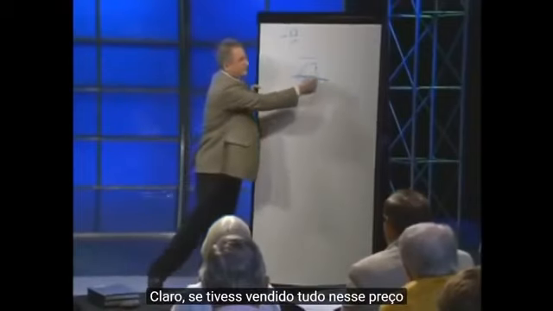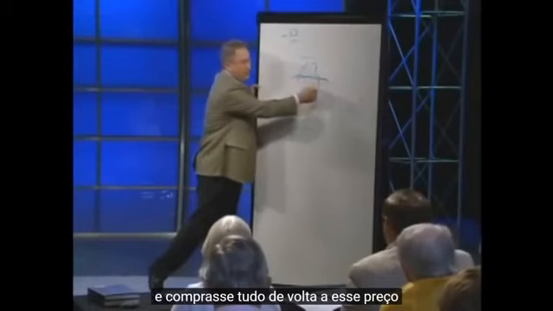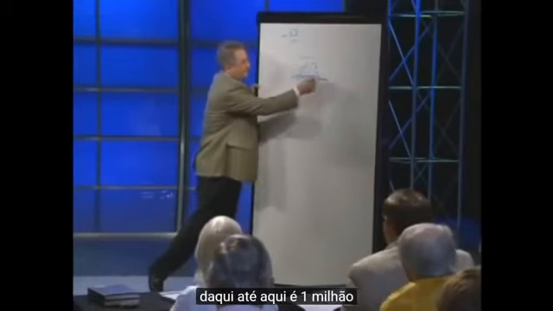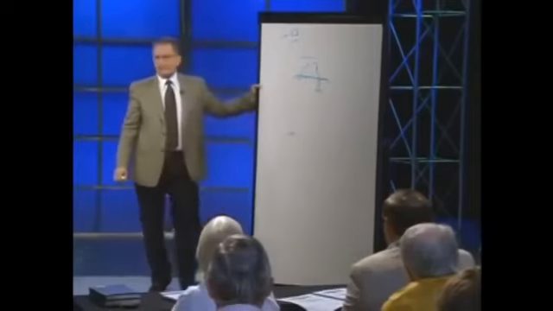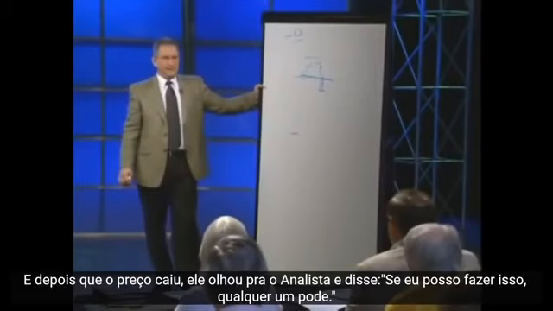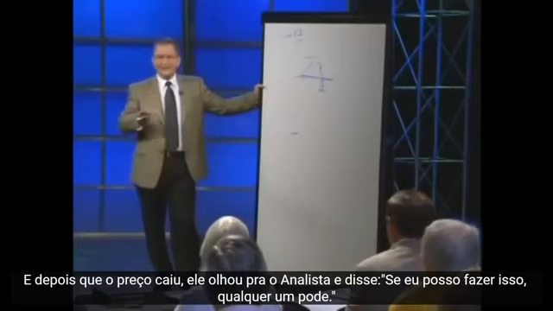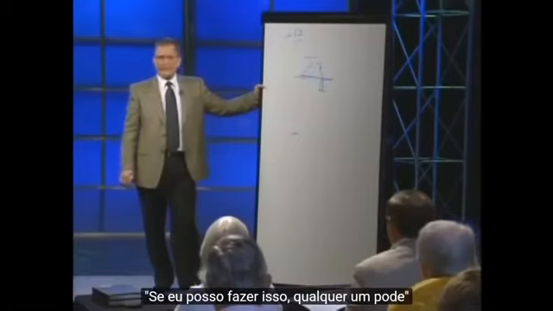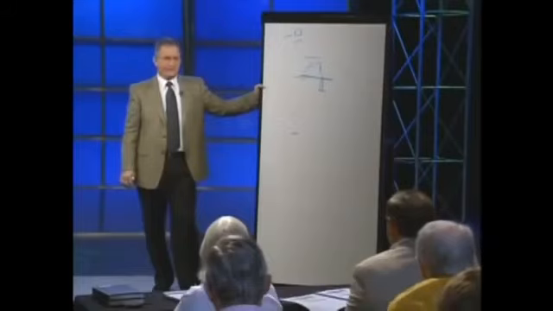If he'd sold all of them at this price and bought them all back at this price, but there was an average price down. But from here to here is $1 million on 2,000 contracts. And then after the price dropped, he looked at him and said, hey, if I can do that, anybody can do that.